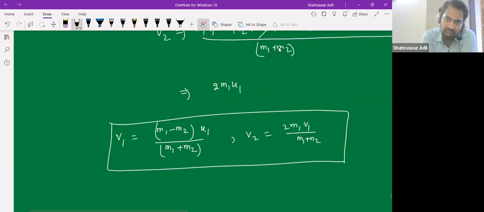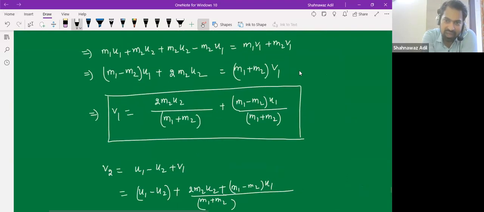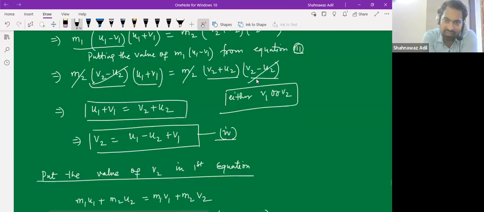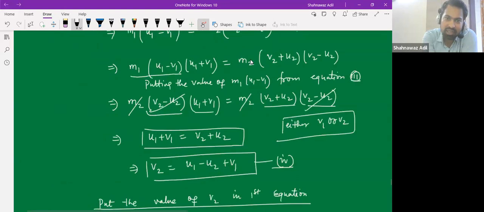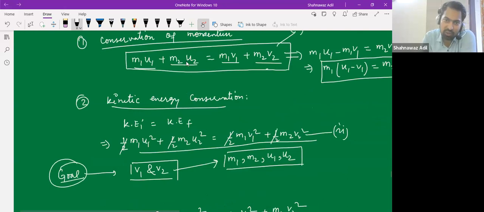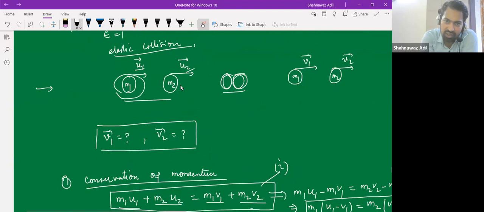So okay, this much calculation I did. The simplified case is that you don't have this U2 velocity, right? So this thing is at rest. So this U2 is at rest.